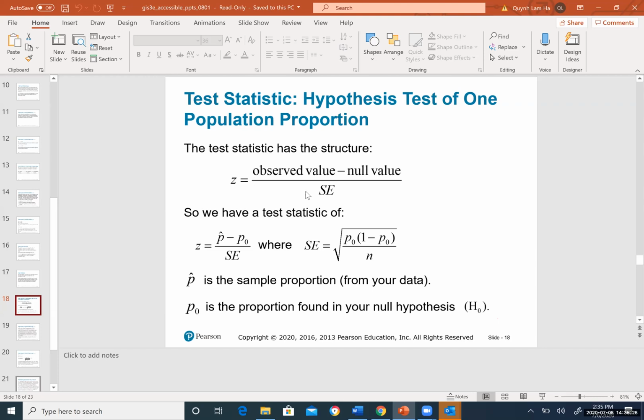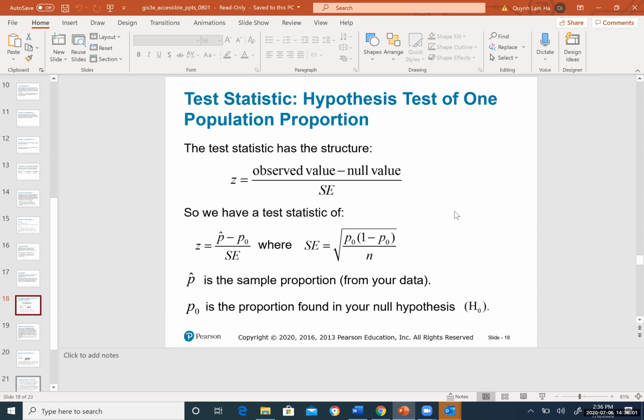And the observed value is what the researchers collect and see, the observed data. So you take that data and subtract the P naught, which is the percentage already given before. And SE, in other words, is the standard deviation or standard error.